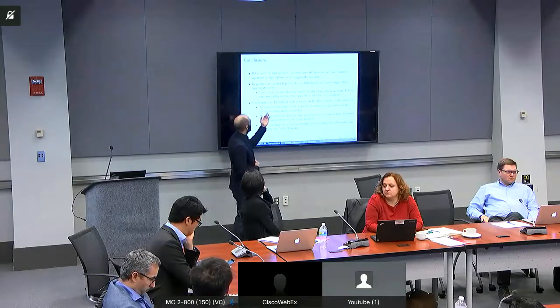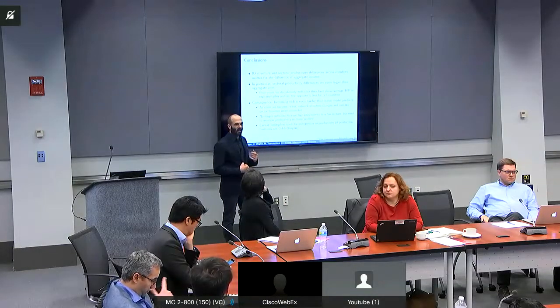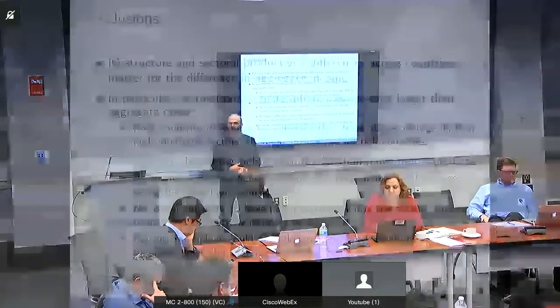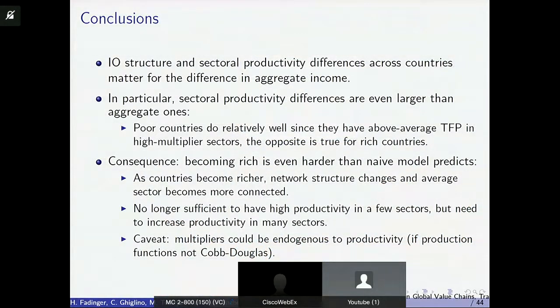But poor countries do relatively well on the aggregate compared to the low productivity levels that they actually have in some sectors, because those sectors that are really bad in those countries are not very connected to the rest of the economy. And therefore, this effect is mitigated.